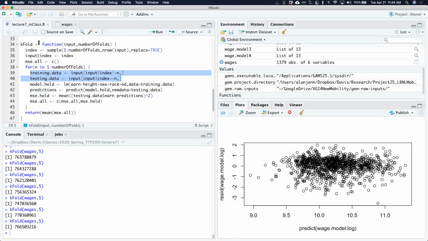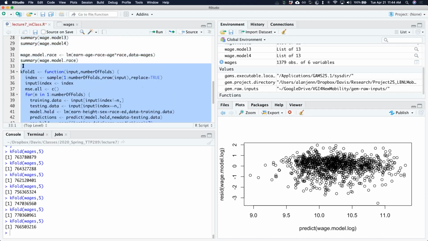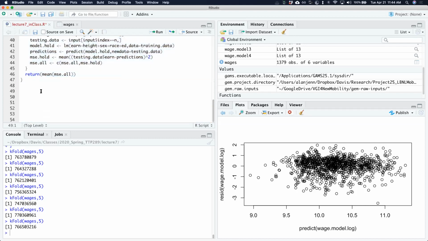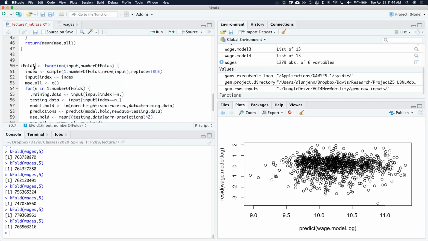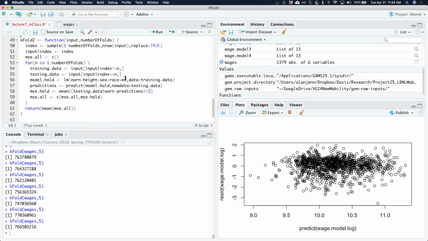I'm going to call this k-fold 1. Let's make another k-fold, to now actually do a proper comparison. So let's say I wanted to investigate a different model, and I wanted to look at something where I didn't include, for example, the race.